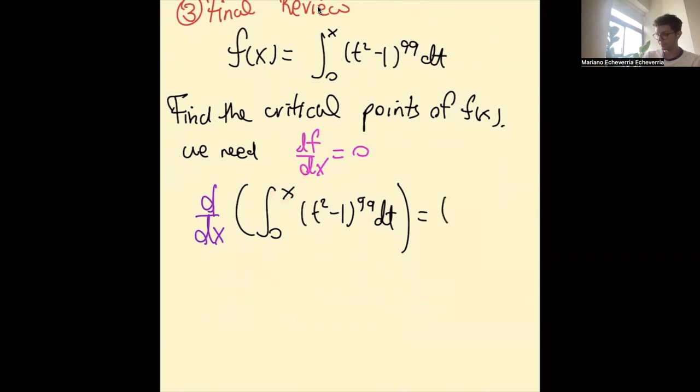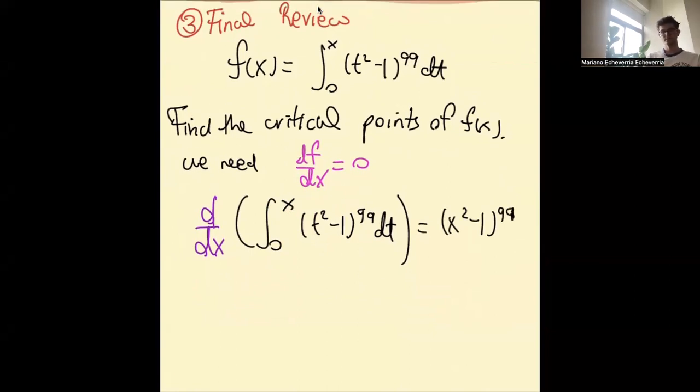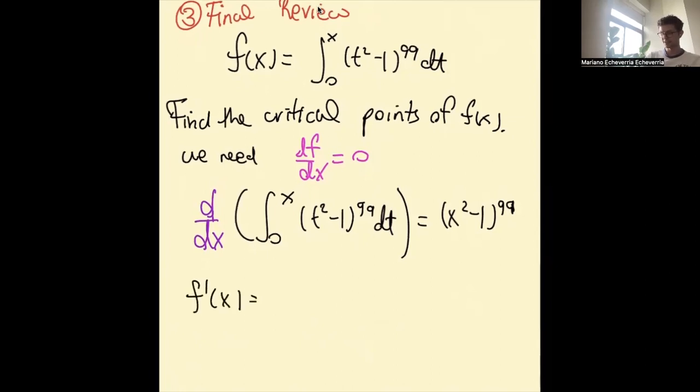So you end up with x squared minus 1 to the 99. Is that making sense? So what I'm saying is that f prime of x is actually x squared minus 1 to the 99.